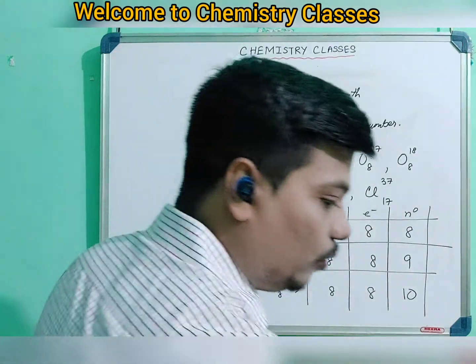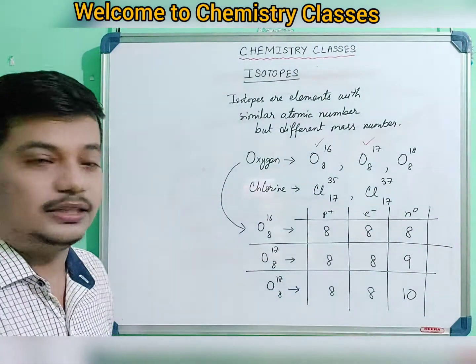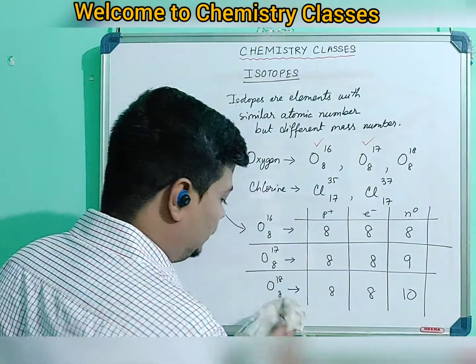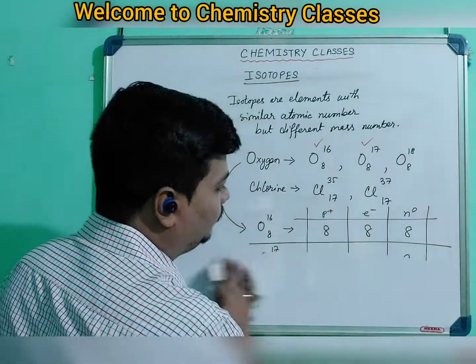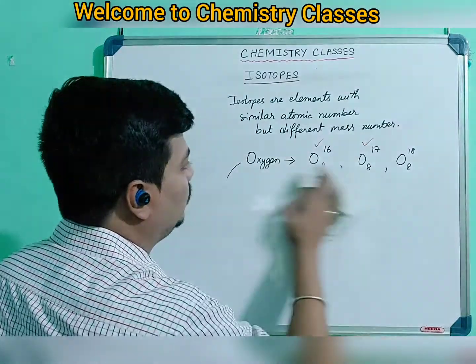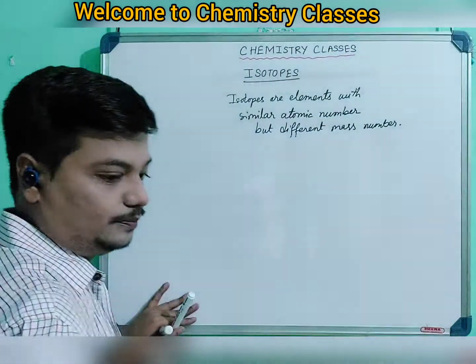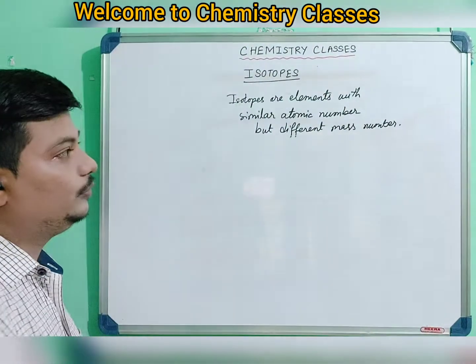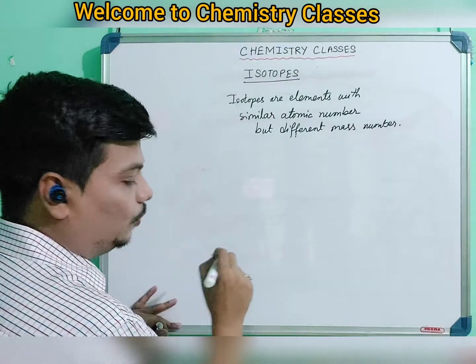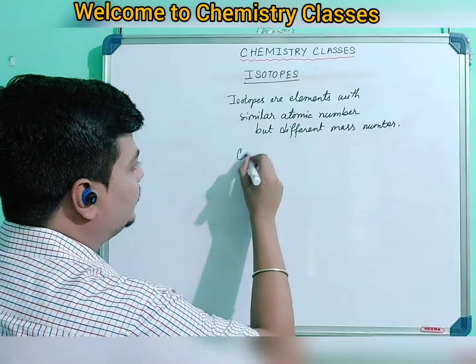So coming over here, if you have noted this down, I would just like to rub this and write a few important characteristics of the isotopes. Right? A few characteristics of the isotopes. Now, what are the characteristics?